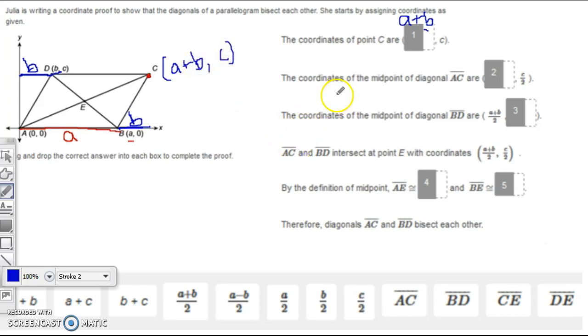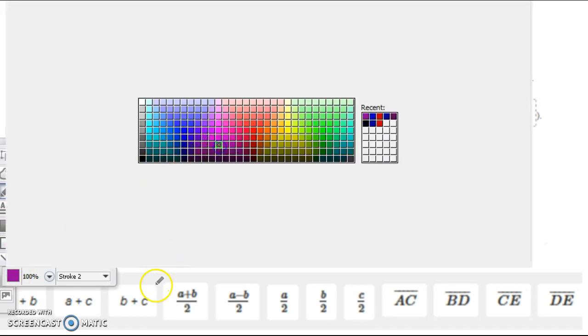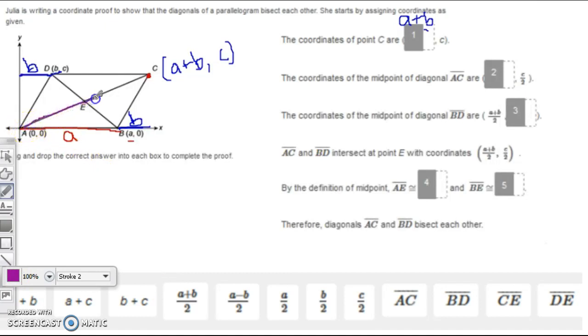All right. Then it says the coordinates of the midpoint of diagonal AC are something. So let's check out our diagonal AC. In order to find the midpoint, you have to use the two endpoints, and you have to plug them into your midpoint formula, which is x plus x divided by 2 and y plus y divided by 2. Now notice they already have the y value done for us, so we don't even have to do that part.